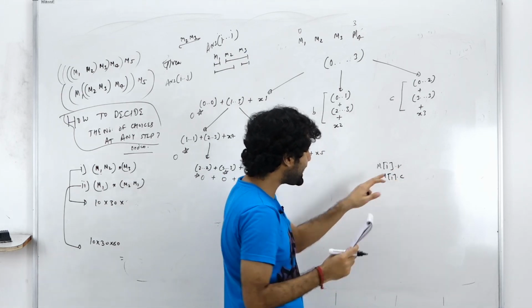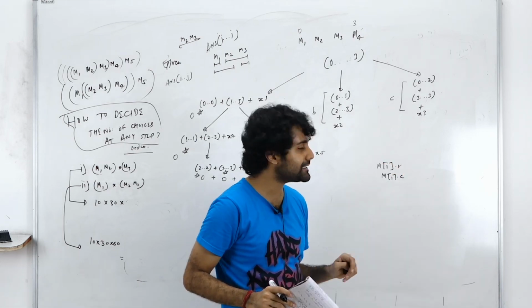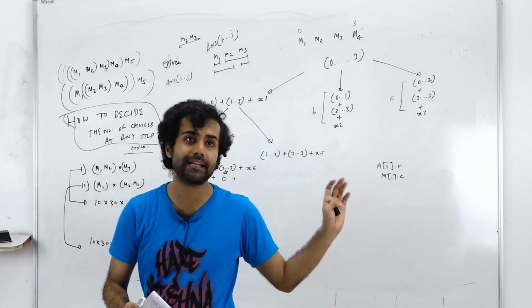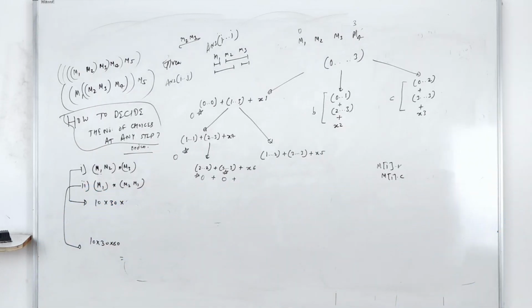So Mi dot R tells me how many rows are there in ith matrix, and Mi dot C tells me how many columns are there in ith matrix. Does this make sense to all? Yes or no? Others, are you following this, right?